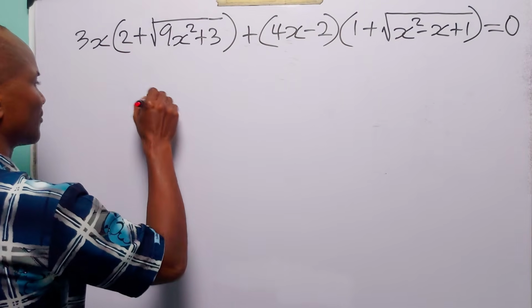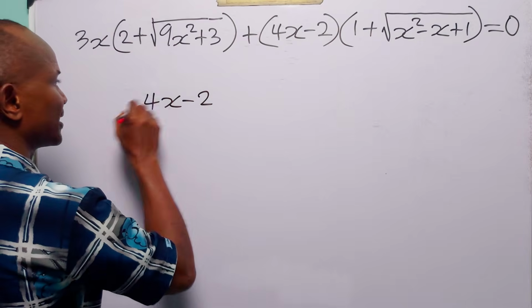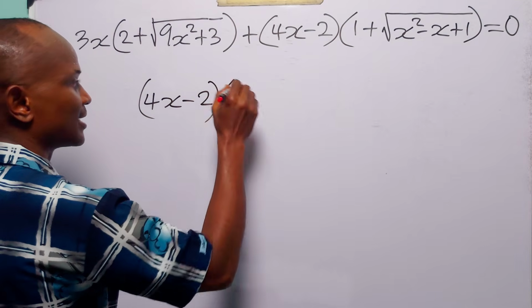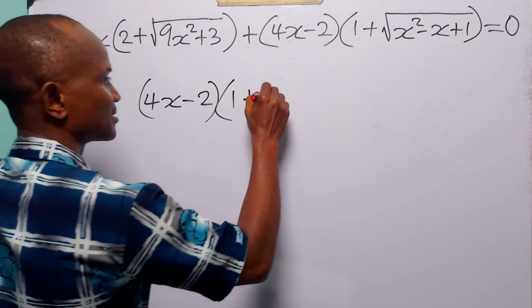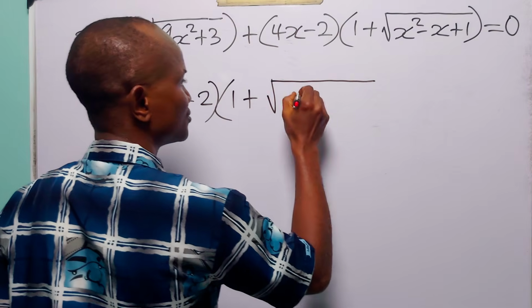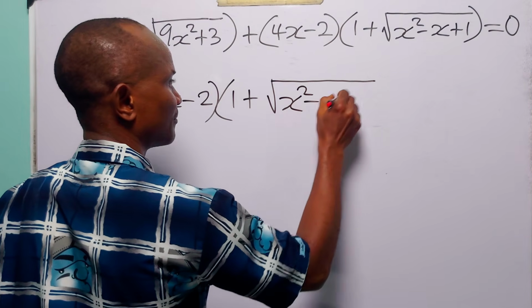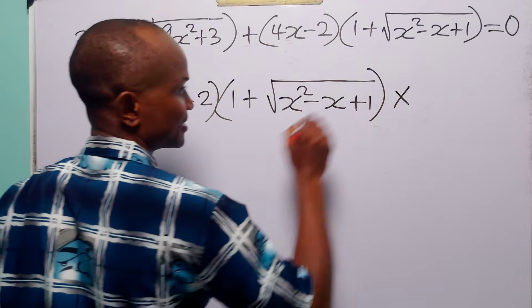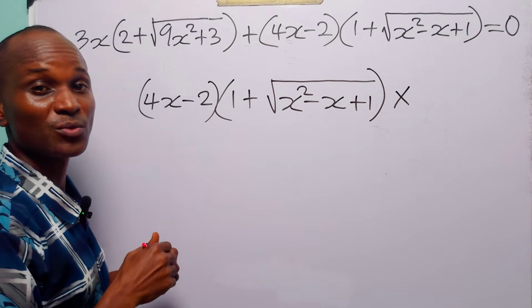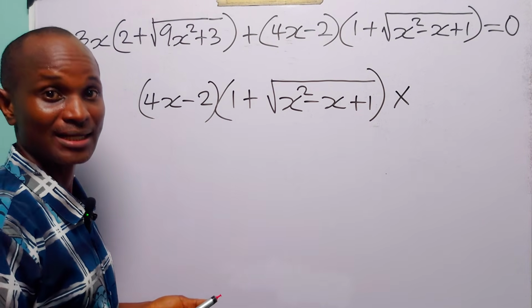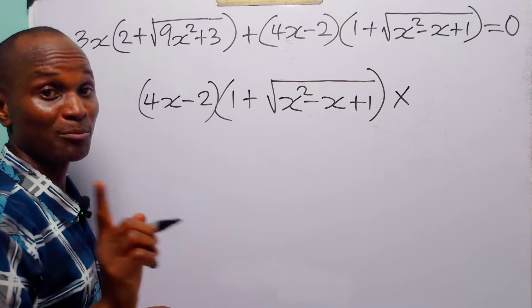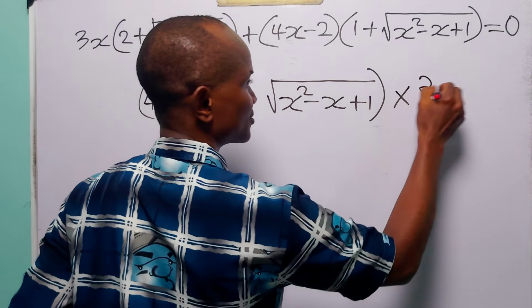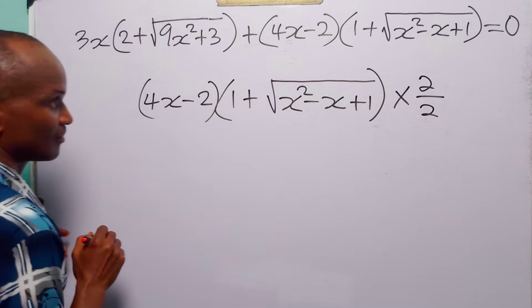Now, we have 4x minus 2 times 1 plus root x squared minus x plus 1. And of course, this is multiplied by 1. You know that when we multiply any number by 1, it remains the same. But instead of 1, we will write 2 over 2.